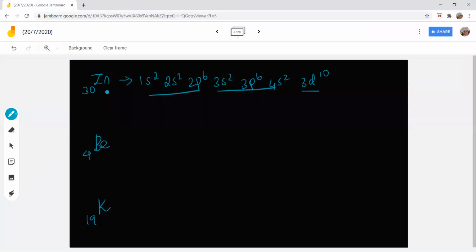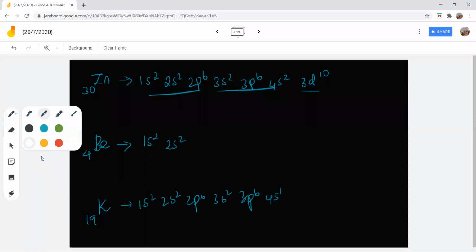Am I right or no? So this is how the electrons flow. Now again coming to beryllium. Beryllium 1s2, 2s2, 4 electrons. Now potassium again 1s2, 2s2, 2p6, 3s2, 3p6, 4s1. This is for potassium, right? So this is the electronic configuration of each element.